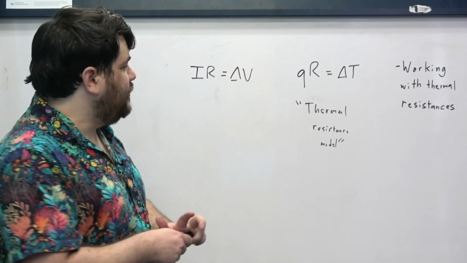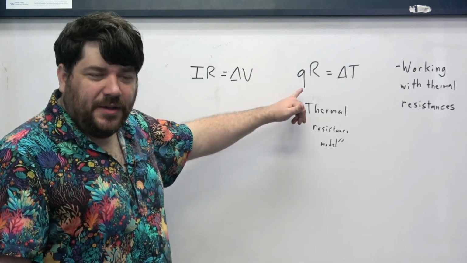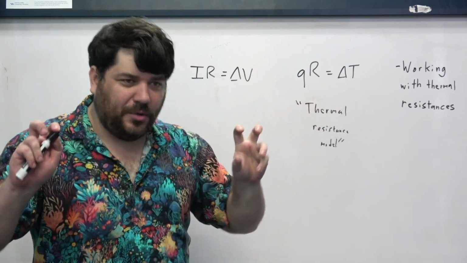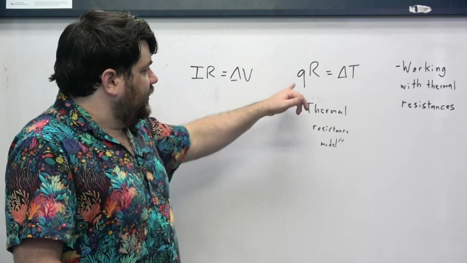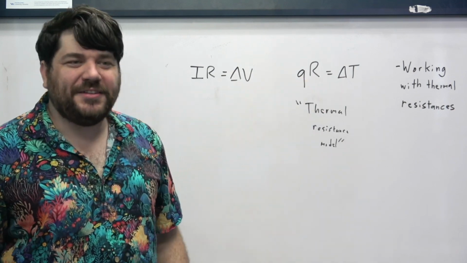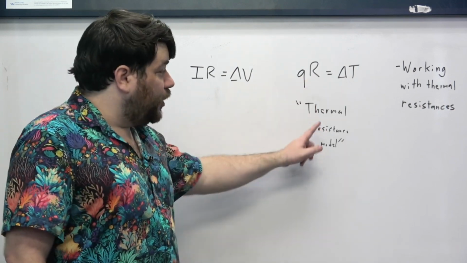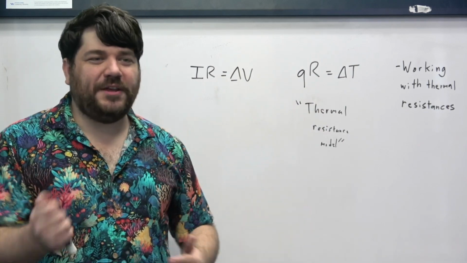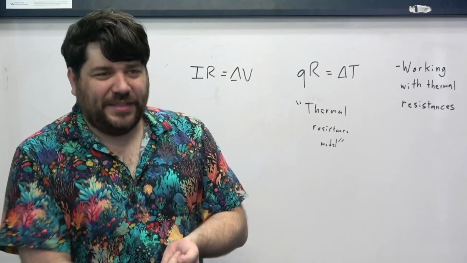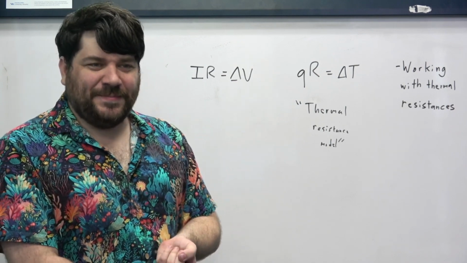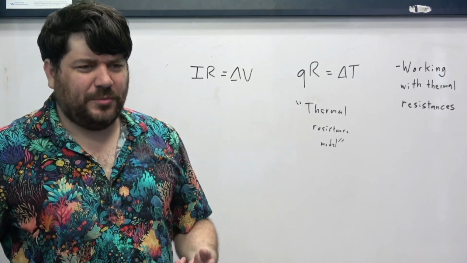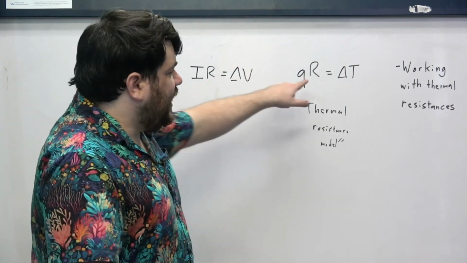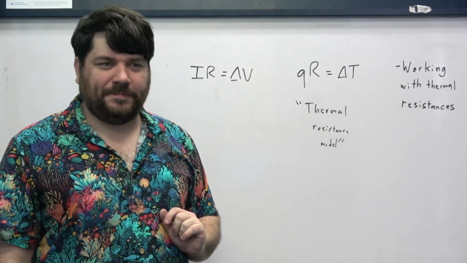And then how we relate that thermal current to that thermal voltage or temperature difference is via this experimentally derived parameter, which we can call a thermal resistance R. All right? And then all of the information about what the geometry of that given element is, all of the information about its thermal conductivity, what the material properties are, all of that gets condensed into this R.